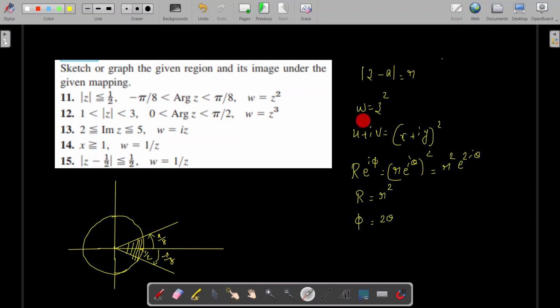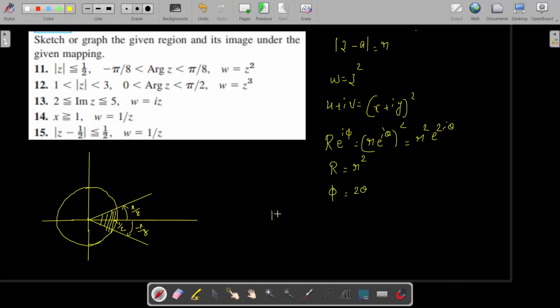So under the mapping w equal to z square, the amplitude of the complex number w becomes the square of the amplitude of the given complex number, and the argument becomes double that of the first one. So we have to find the image of all the points in this region. Now we will consider the image of the region mod z less than or equal to 1 by 2 and minus pi by 8 less than argument of z less than pi by 8.